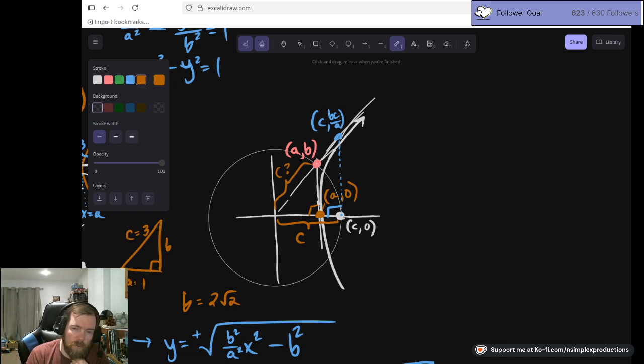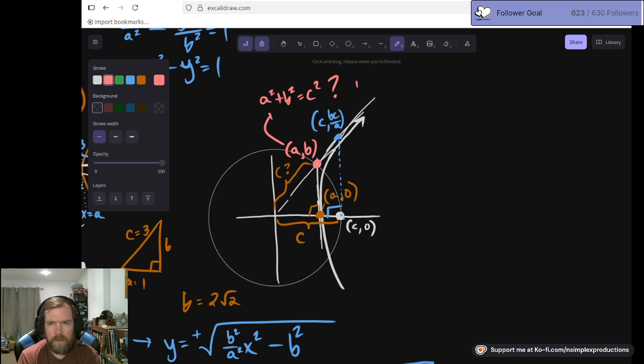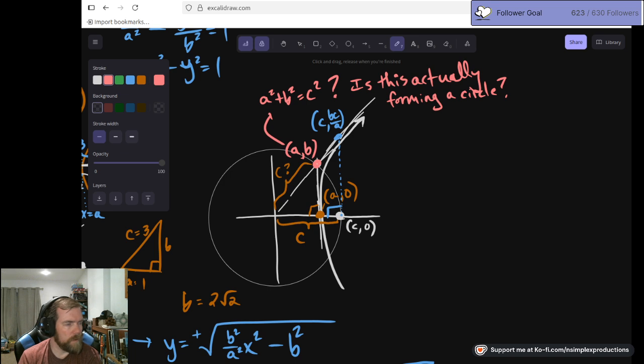It certainly is equal to c when a is c. Right, is this actually going to form a circle here?